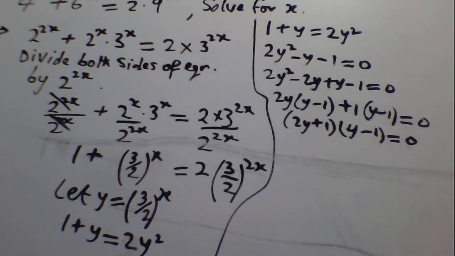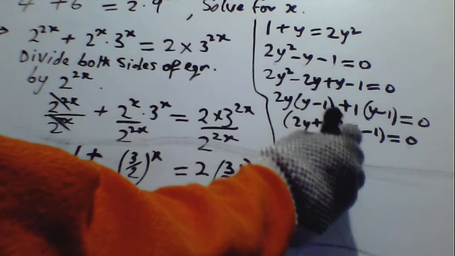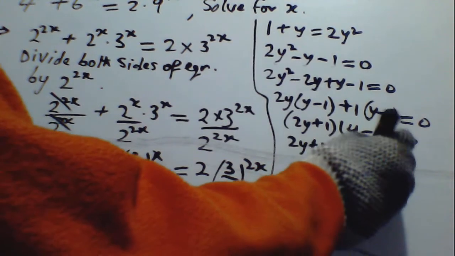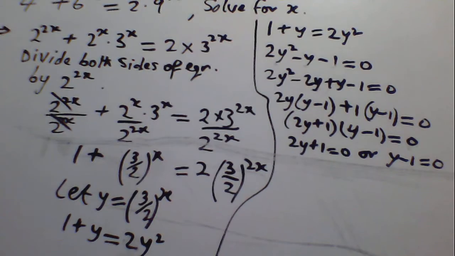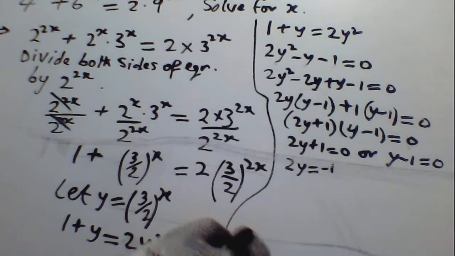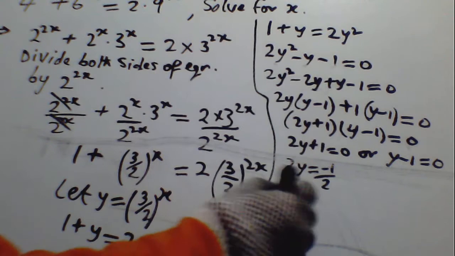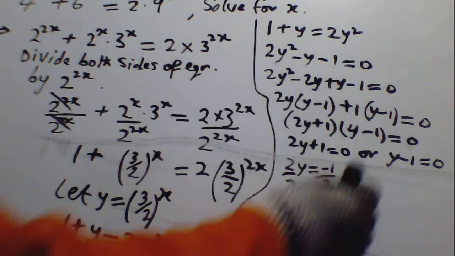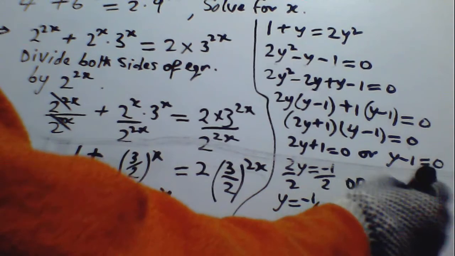You can now apply the zero product rule. You have 2y plus 1 is equal to 0, or y minus 1 is equal to 0. So from here, we have 2y is equal to minus 1. Divide by 2, and you have y is equal to minus half, or minus 1 crosses the equal sign, you have y is equal to 1.